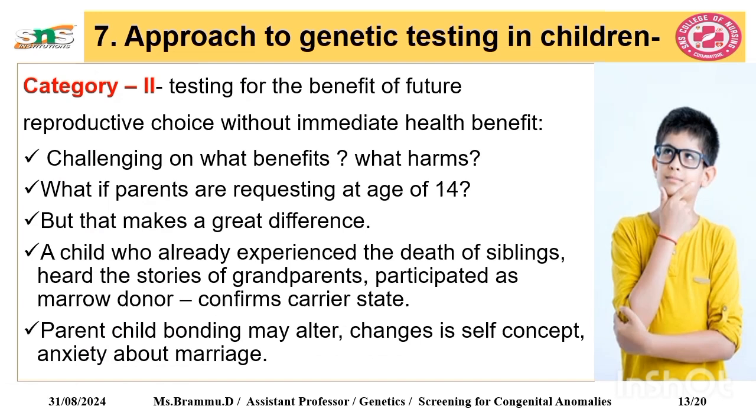So it is actually going in the preventive aspects rather than going for any other major complication. The second category of testing would be like testing for the future. Like for example, what are the challenges? What will harm the patient? What if the parents are requesting at the age of 14 they wanted to find out what is the problem with the child, or they might also plan for it if that particular family had death of any siblings, so that history also would be collected and it can be considered as a form of carrier state.